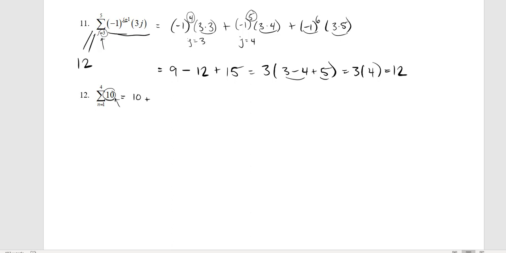When you plug in n equals 2, well, again, plug it into 10, it doesn't change 10, right? There's no n going in. Then n equals 3, and n equals 4. That's where we're stopping. That gives us 4 copies of 10 added.